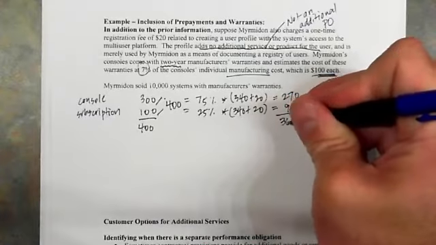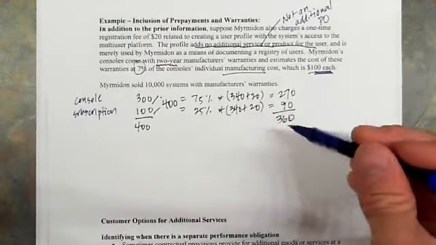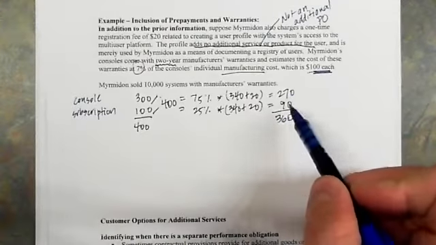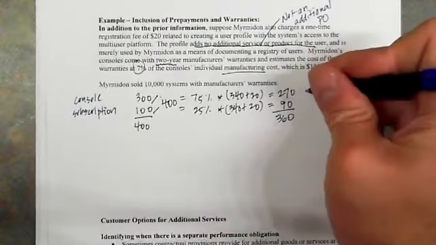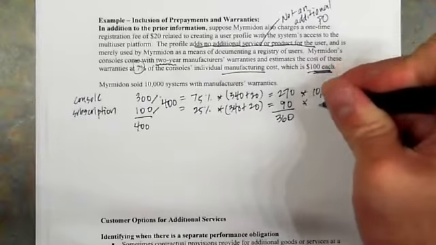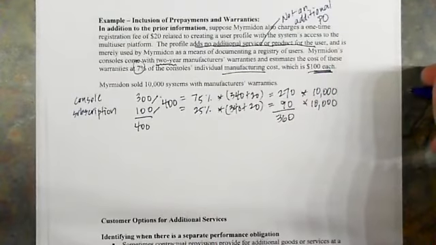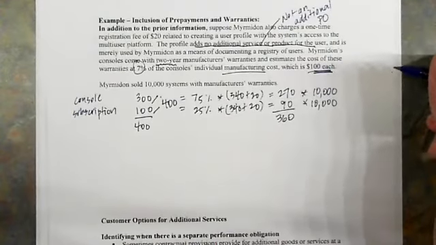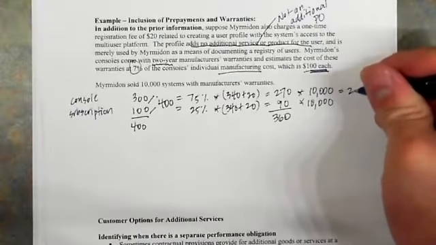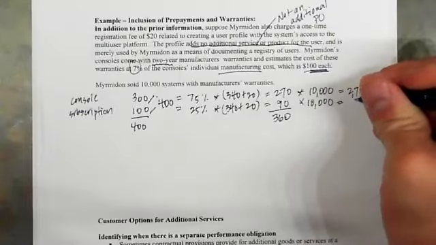And of course, again, these should add up to 360 because that is the total transfer price that we're allocating between the 2 goods. In order to determine a journal entry, I multiply both of these by 10,000 orders that were made, and I get the amount that each one would represent in revenue.